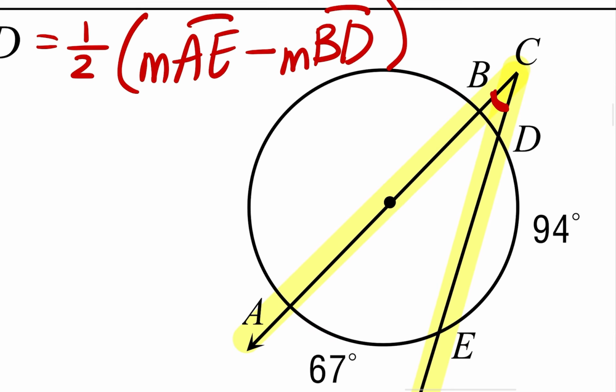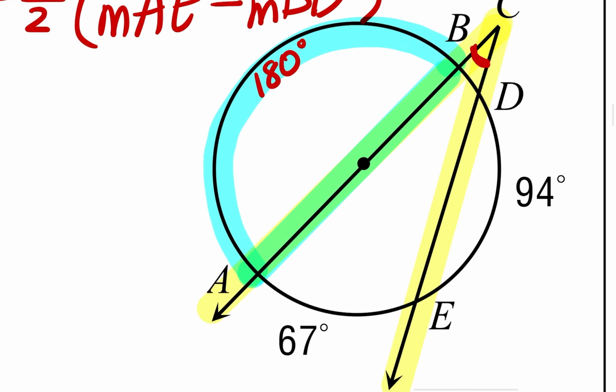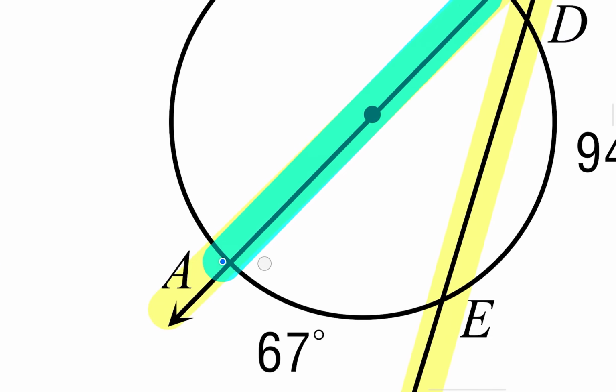Okay. So looking at the circle, first of all, I know that this arc here is 180 since the diameter is cutting through. So this arc is 180 degrees, meaning that this arc, hold on, sorry, let me erase that.